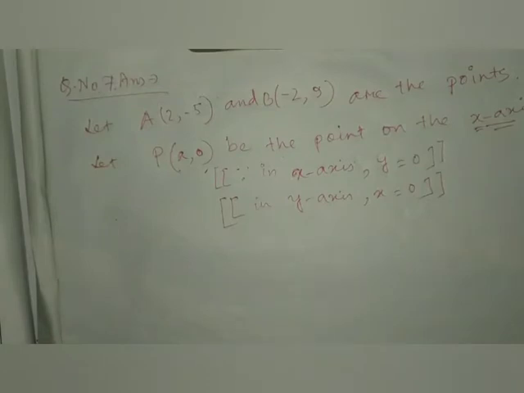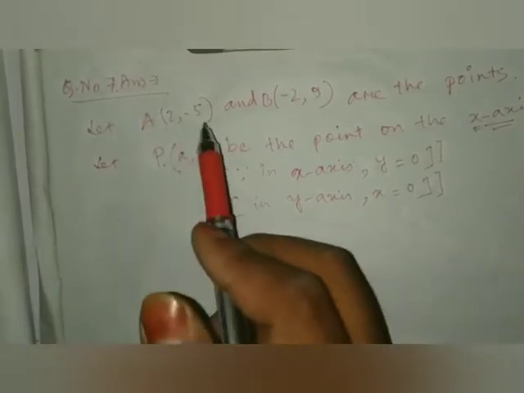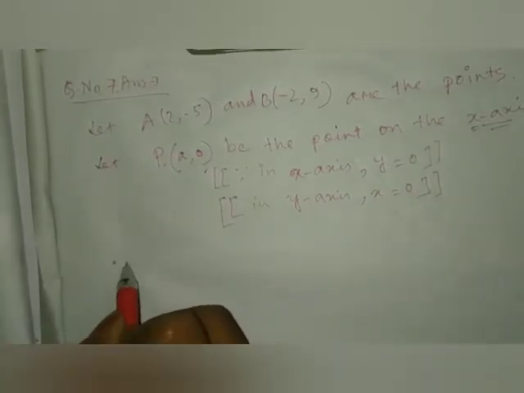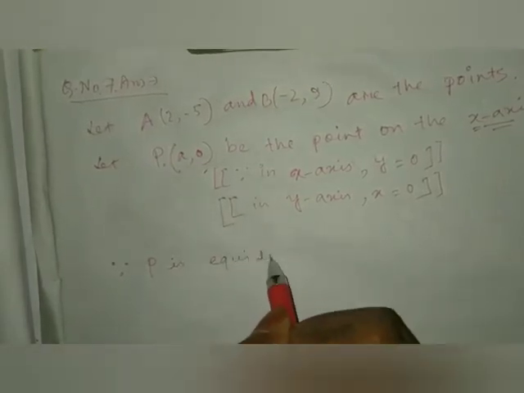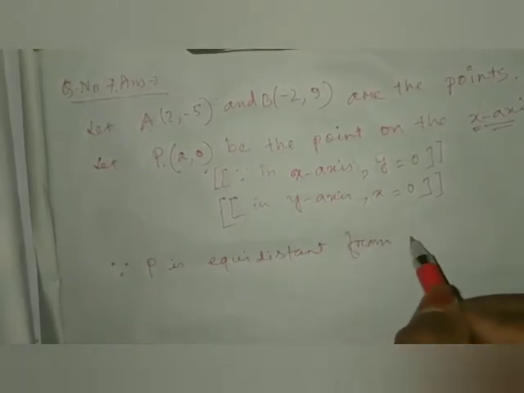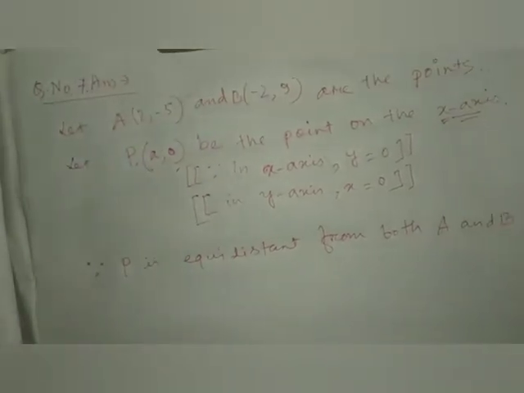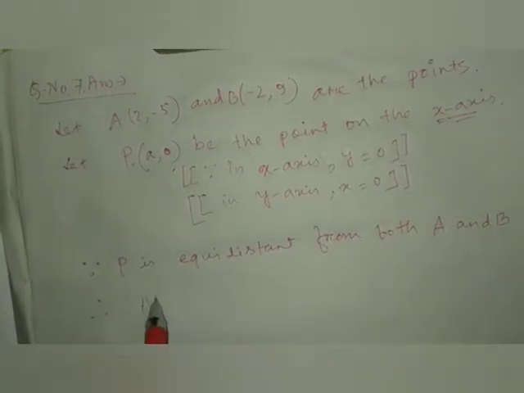Now what is the other condition given? The point P is equidistant from both the points A and B. So distance between A and P is equal to distance between P and B. Since P is equidistant from both A and B, therefore AP equals BP.